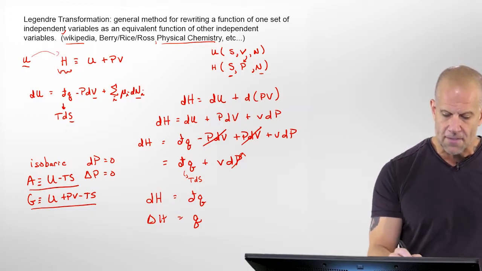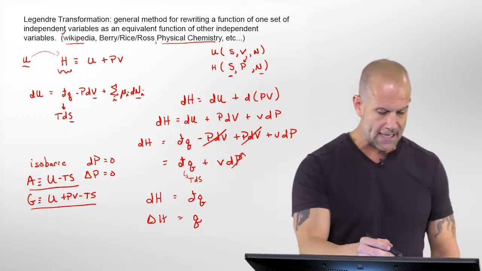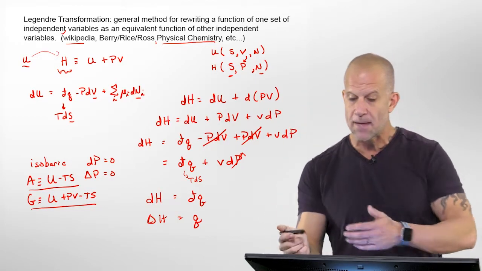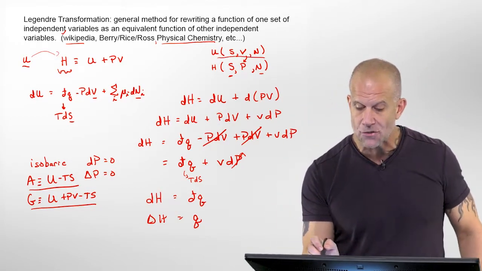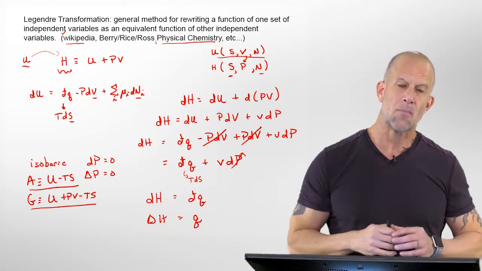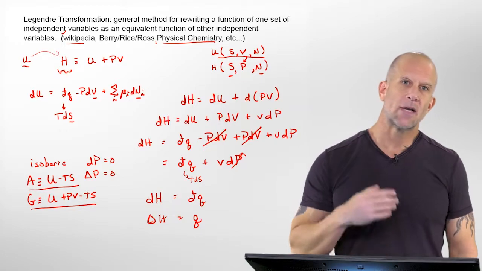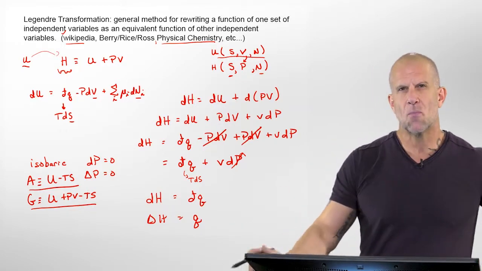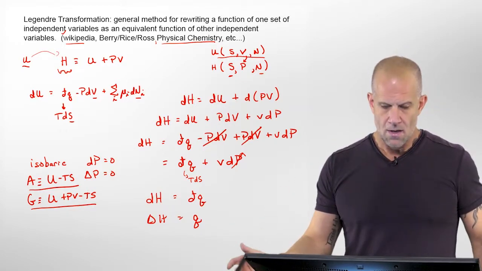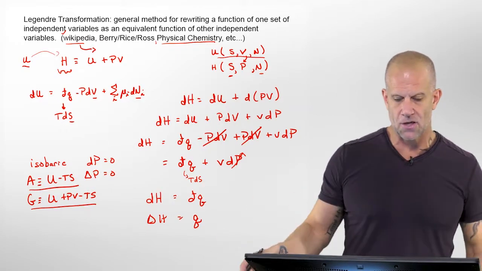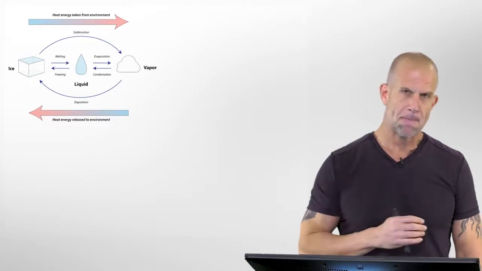So we can go from different types of energy, whether it be enthalpy, Gibbs free energy, or sometimes the internal energy, depending on what natural variables are most convenient for the problem. And so that really is what gets us to why Legendre transforms are so important. And you'll even see there's a whole section on thermodynamics and Legendre transforms.